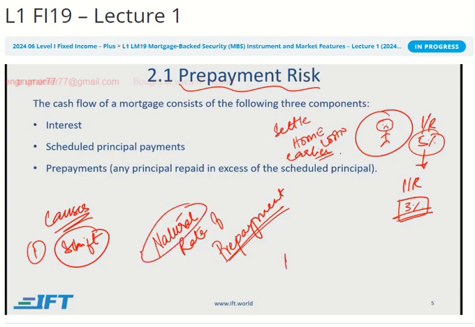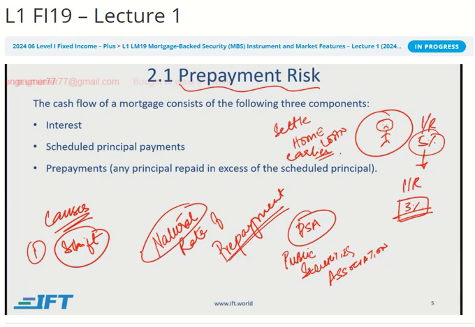And there is something called the Public Securities Association in the US. And what these guys have done, they have done an analysis, right? The PSA has done an analysis on this natural rate of prepayment. That usually what is the rate of prepayment in these type of securities, in these type of loans.